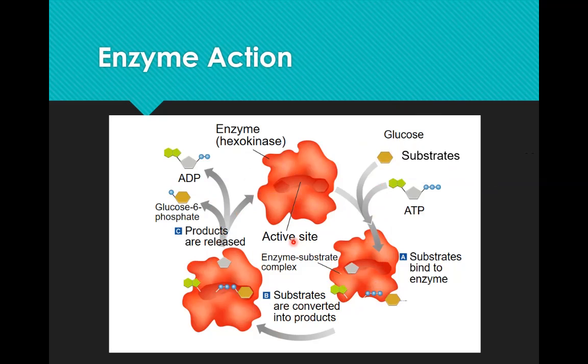So again, substrates, that's the name we're going to use for the reactants, but on the other end, we're still going to use the term products. So I have a short little video going over the role of enzymes, and then we'll finish up.